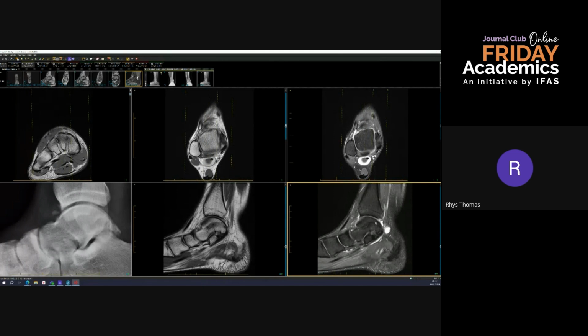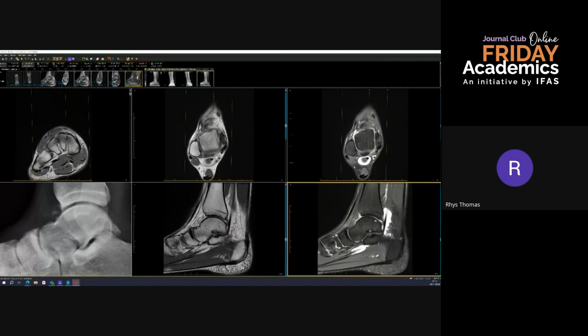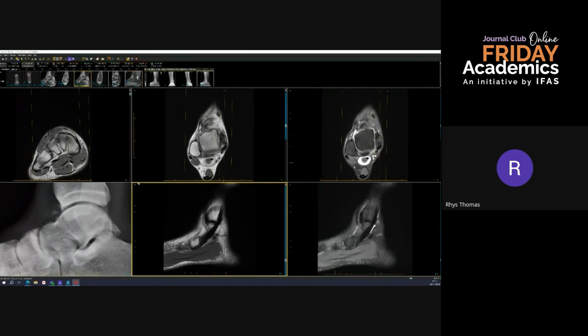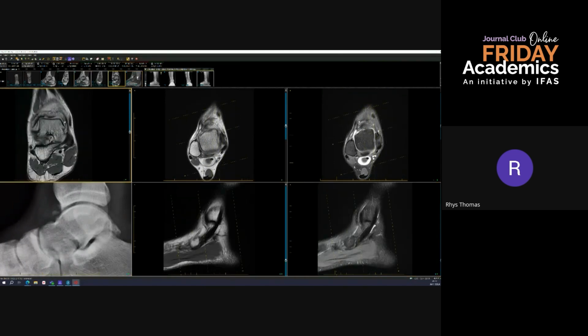So the next challenge is to figure out where this has come from. And again, when you assess in all 3 planes, there's a very subtle osteochondral lesion from the anterior aspect of the tibial plafond. It's not the most common location to see this injury. So it's just important whenever you see something like this to figure out where the donor site is, and more often than not, you will find one.